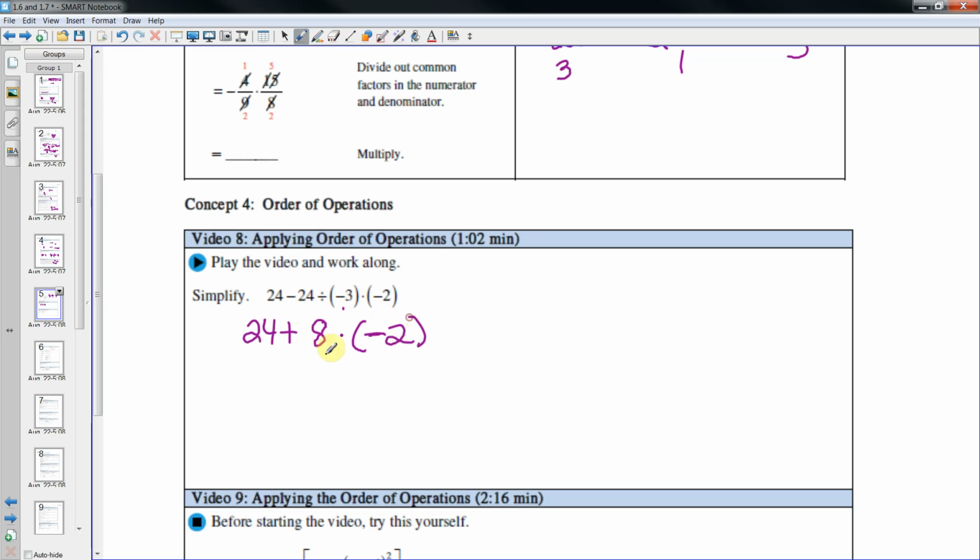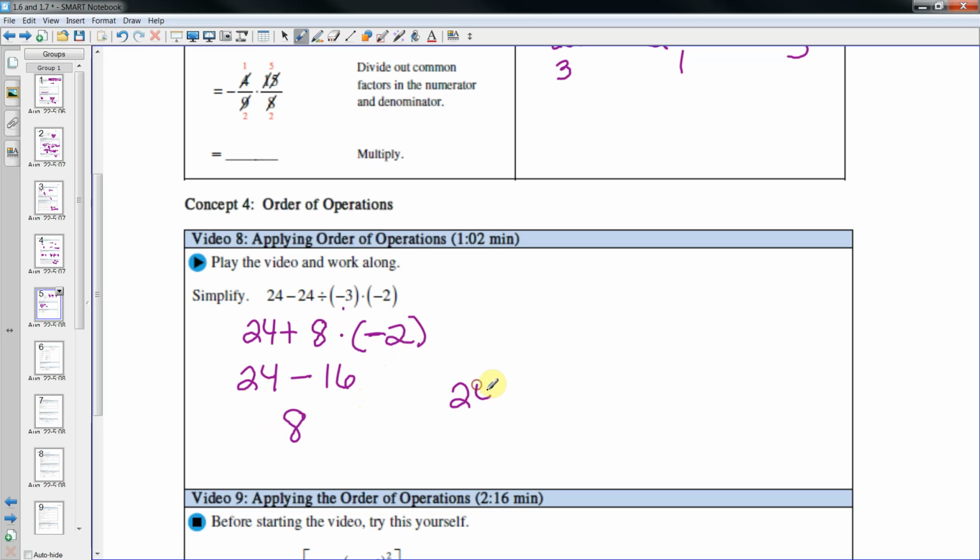So I still have to worry about this negative 2 and the positive 8 because that's multiplication. Can't do anything with 24 yet. 8 times a negative 2 gives me negative 16. Opposite signs, you have to have a negative number. Now 24 minus 16 is going to give me 8, and it's going to be positive because 24 is larger.